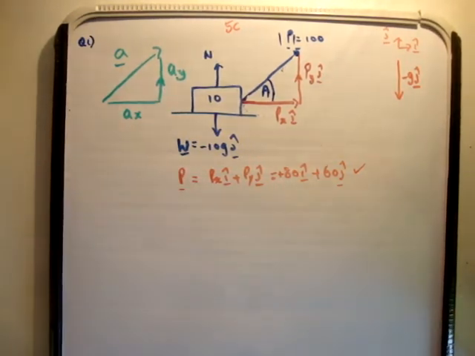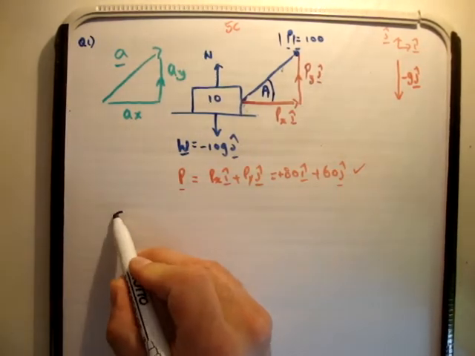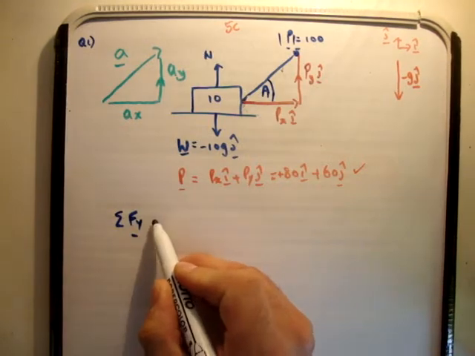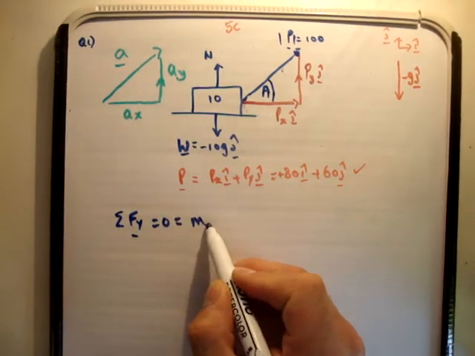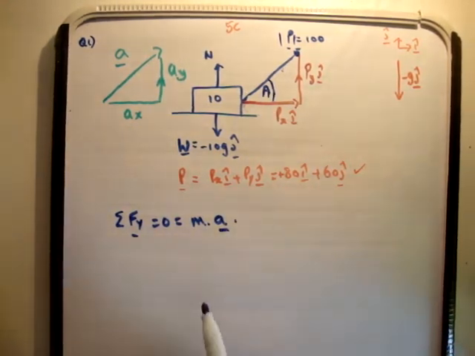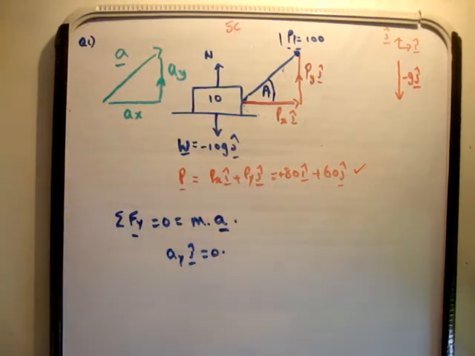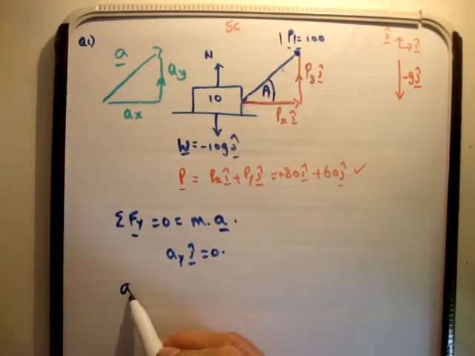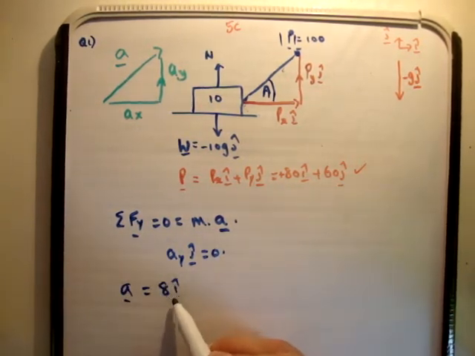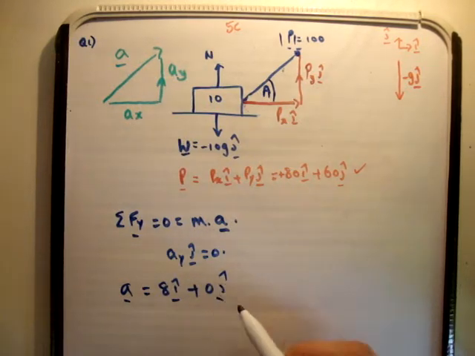And we've just said that since the sum of the forces in the y direction is equal to 0, and we know that's equal to the mass times the acceleration, well, we know the mass is non-zero, therefore the acceleration is equal to 0. A sub y in the j hat direction is equal to 0. So we can say, of course, that the acceleration vector is equal to 8 i hat plus 0j.